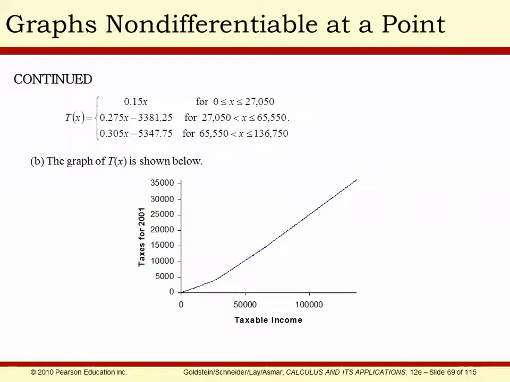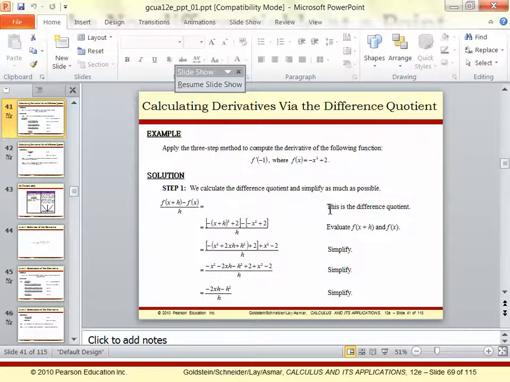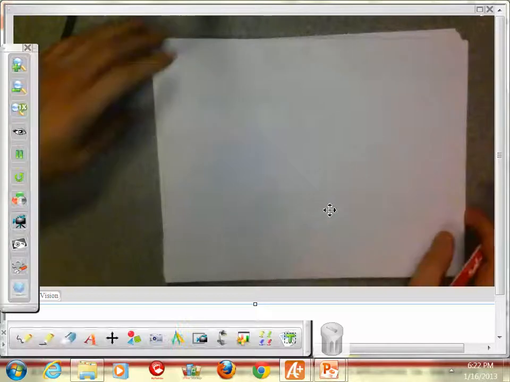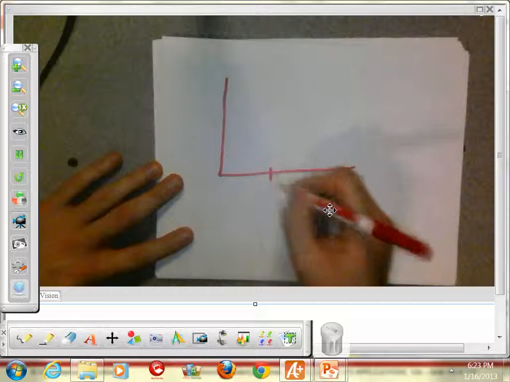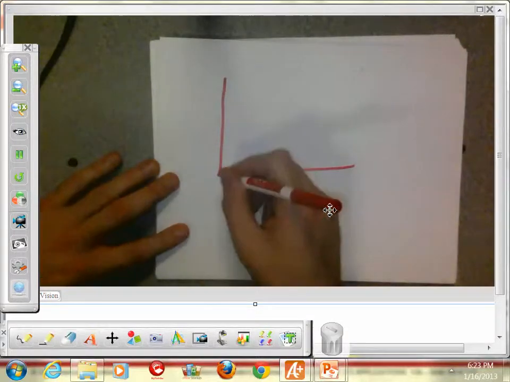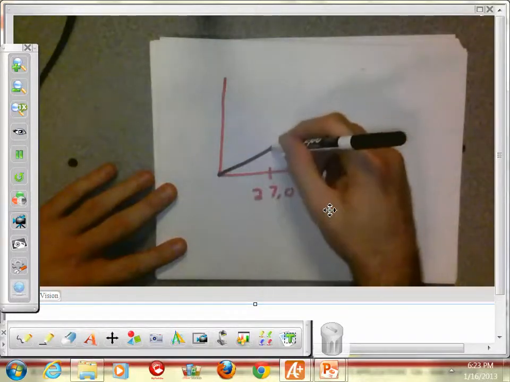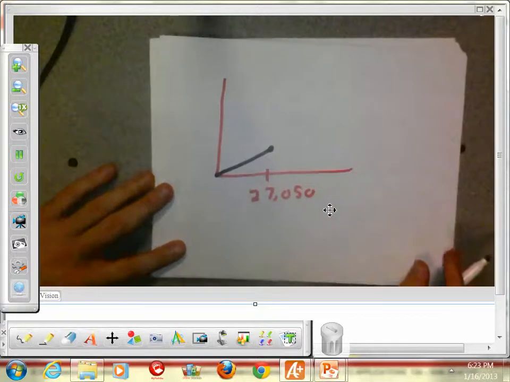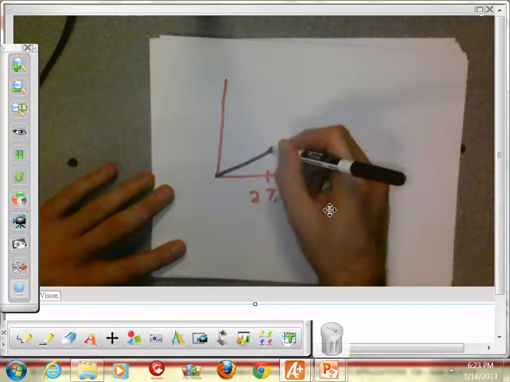And if we were to draw this, I'll just draw it on paper because it's kind of hard to see. So we start out with a line that starts at 0, and it goes to around 27,000, I think. 27,050 was it? And the slope of that line is 0.15. Now, right after you hit this number, and I'm going to exaggerate the slope so you guys can see it, it's going to go up like this.